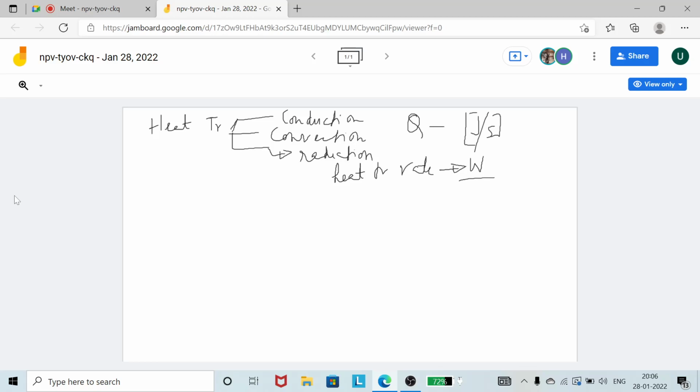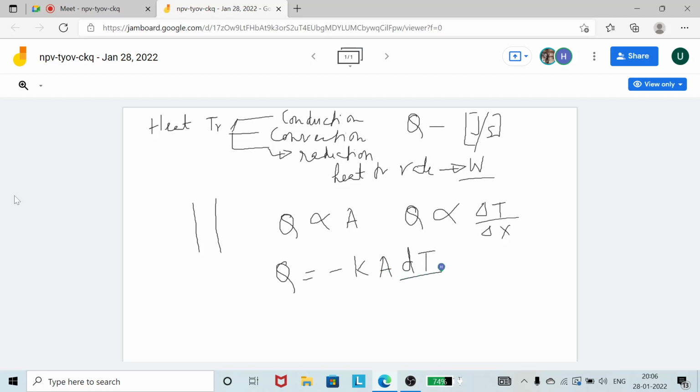So we'll not go into too much detail, but in conduction, you know that this is gradient driven. So Q is proportional to area, and proportional to delta T by delta X. So you write like this: Q is minus K A dT/dx. A few questions you must remember: why a negative sign?